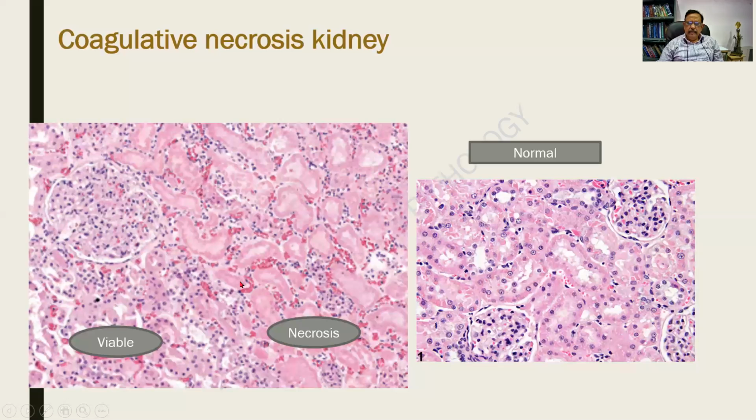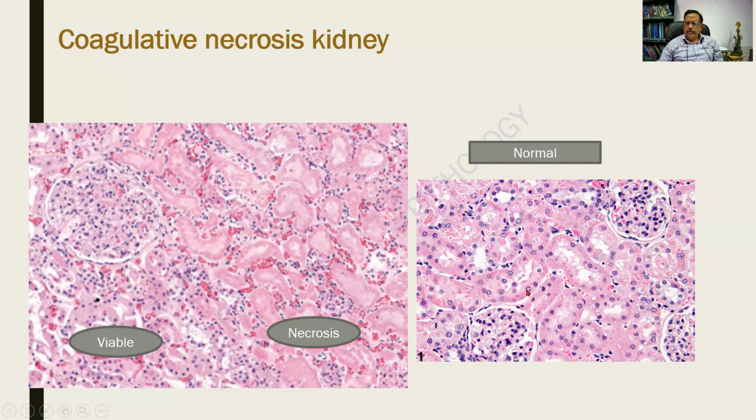At the same time, I should be clever enough to notice that the outline of the tubules is well maintained. Also, if I go to the high magnification, I may see the cellular outline without any nuclear details. Look at this one. This is a live renal parenchyma.